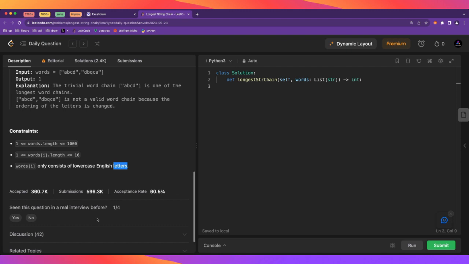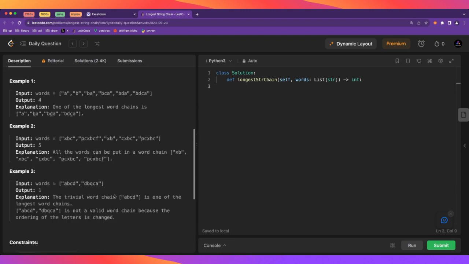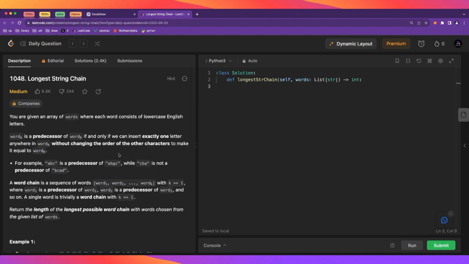All right, so the first observation is that we can translate this into a graph.